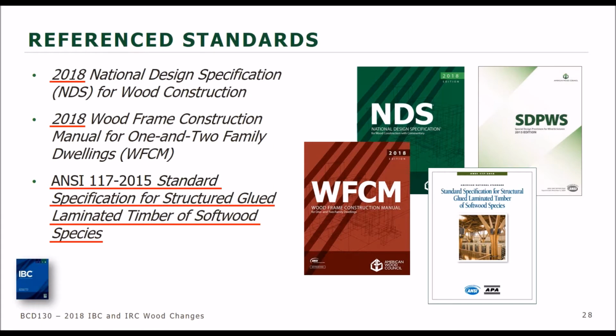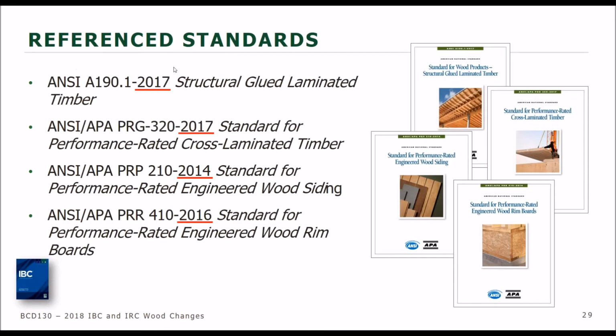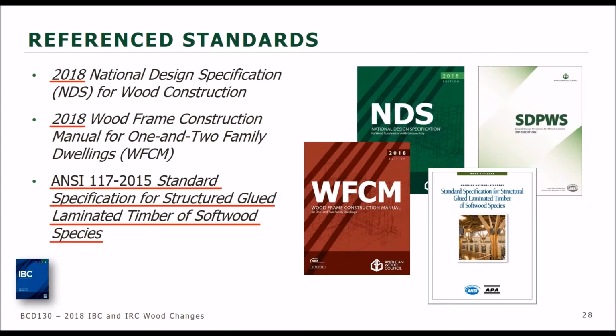And the reason why I point this out is that on the next slide, we also have a standard related to structural glue laminated timber. And this is a manufacturing standard, whereas the previous slide, and I'll go back to that, contains information for design of structural glue laminated timber members.